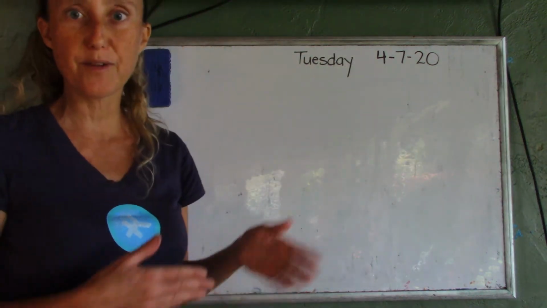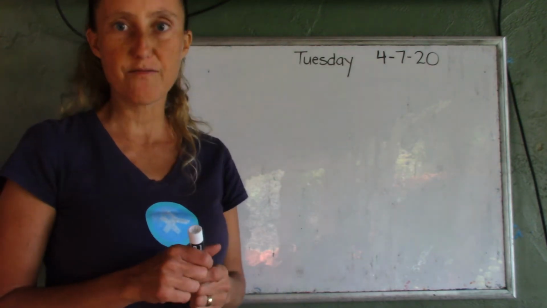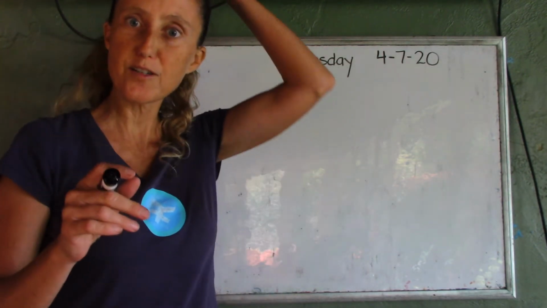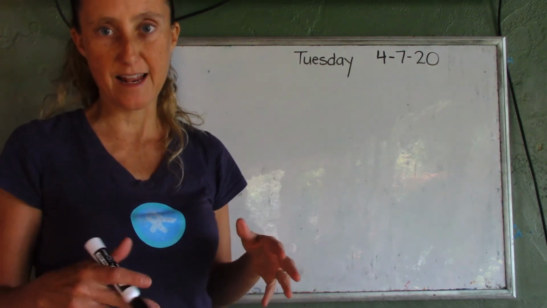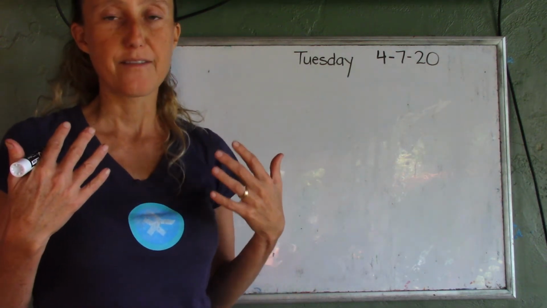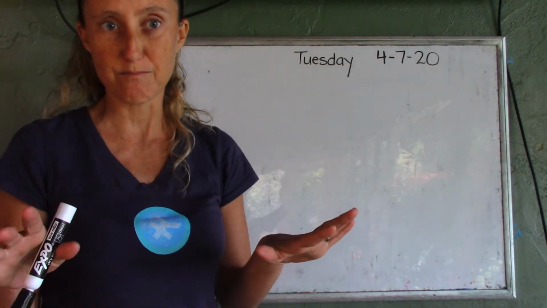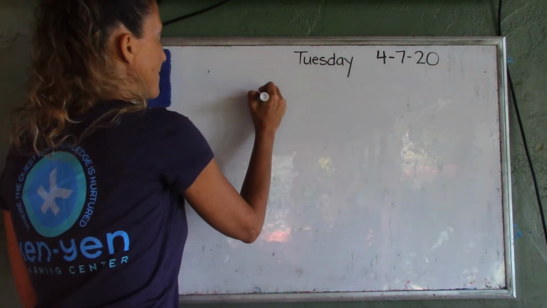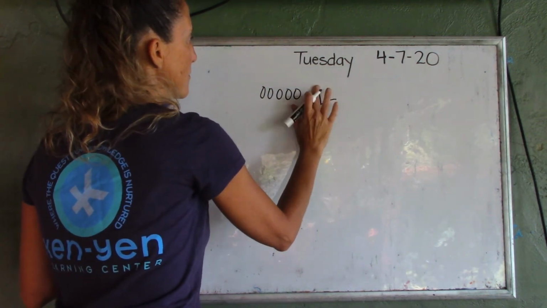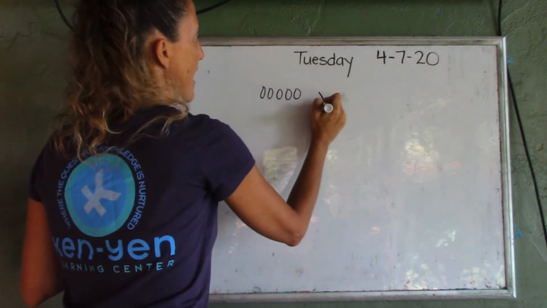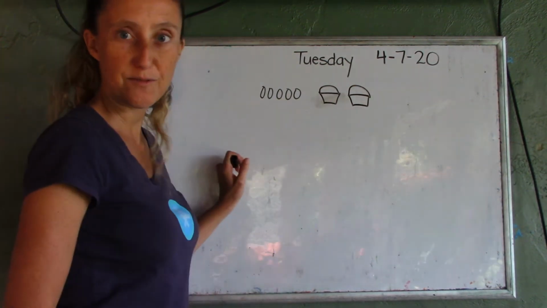Okay, let's go on with our lesson on the board. We have kindergarten first. We're doing first grade, so kindergarten level. Let's say that I had 5 jelly beans and 2 cupcakes for each one of you, okay? 5 jelly beans, 1, 2, 3, 4, 5, and 2 cupcakes for each of you.